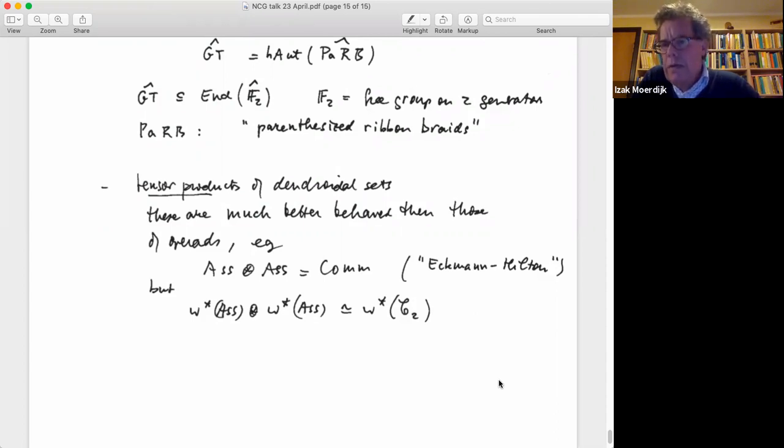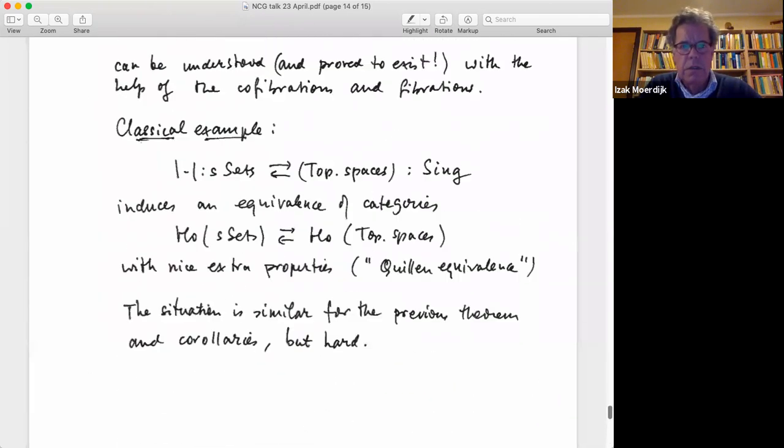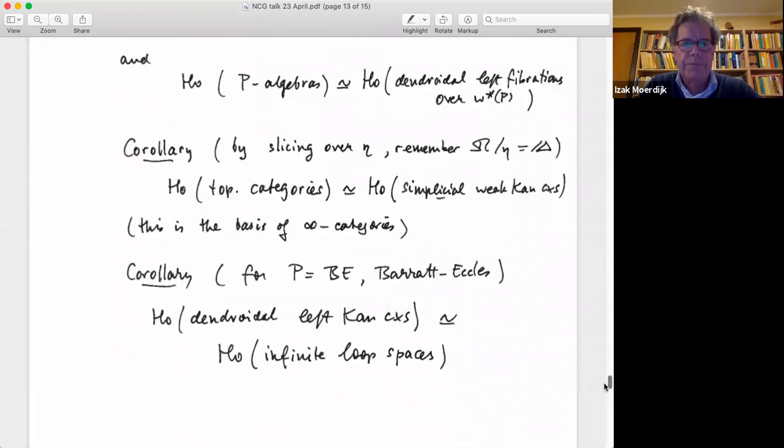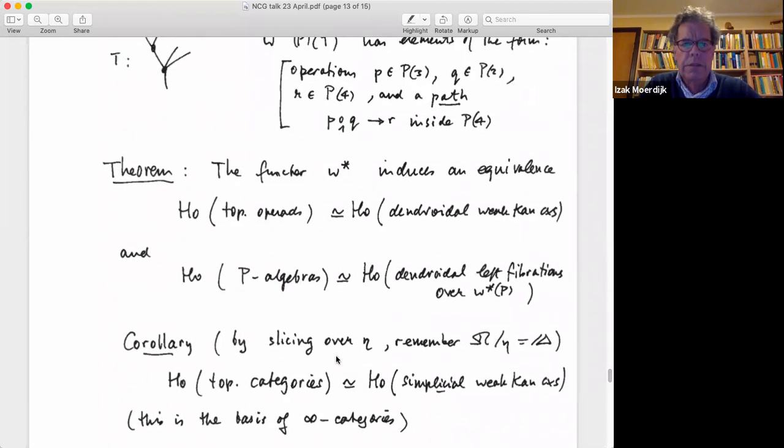Now you can write down the same definition for operads, except that the mapping spaces are a bit more complicated. They go from n points to 1 point. And those are the weak equivalences that feature in this theorem here.